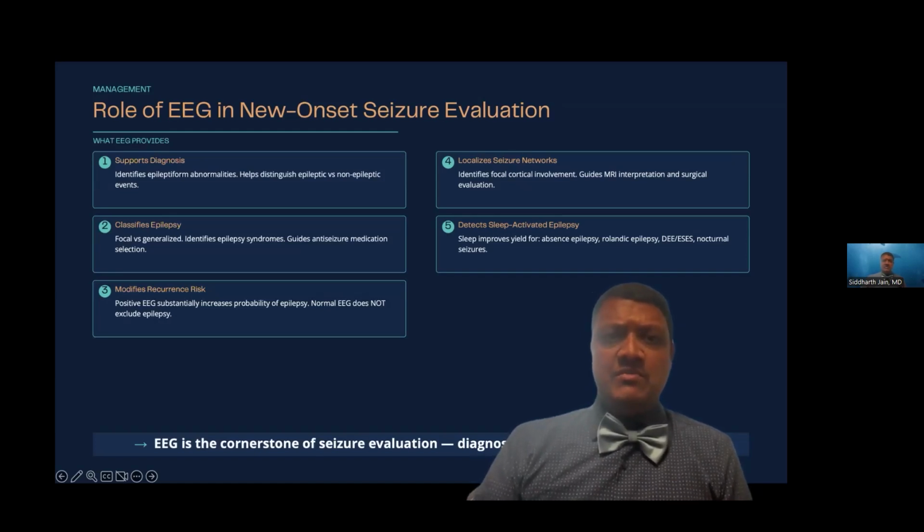So an EEG can play a key role in helping us diagnose, prognosticate, and understand additional conditions that go along with a patient who's presenting with seizures.